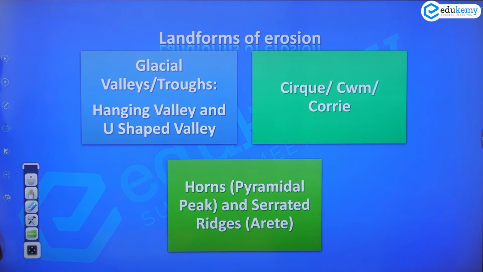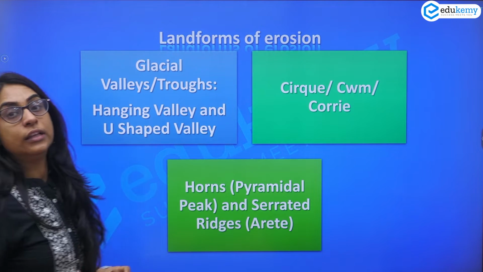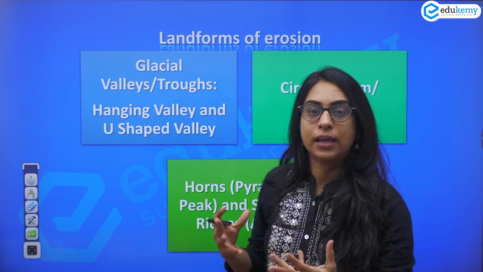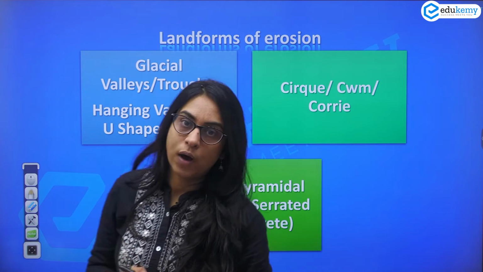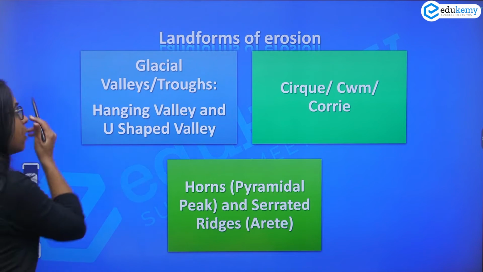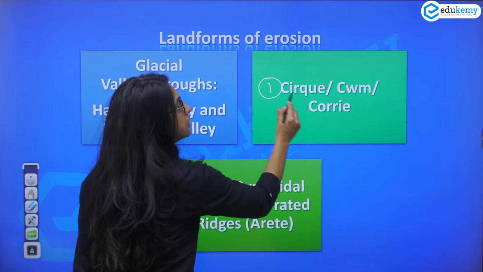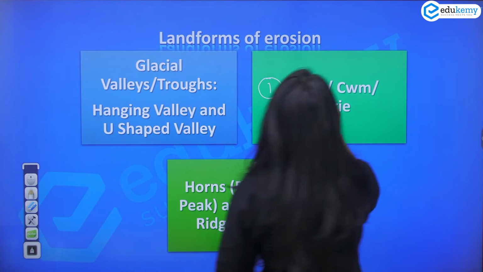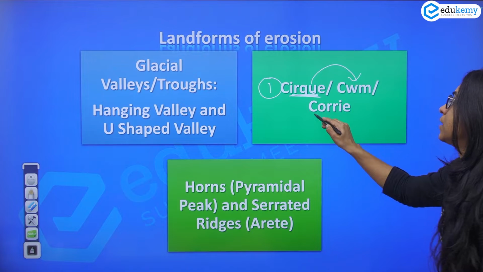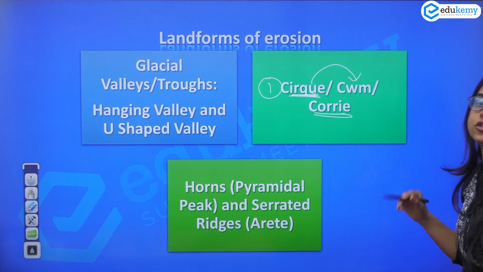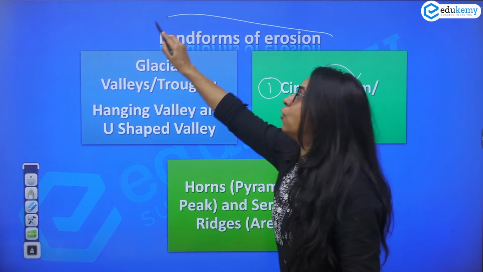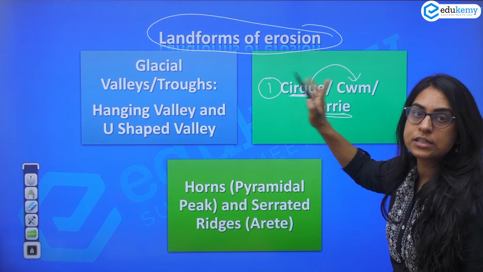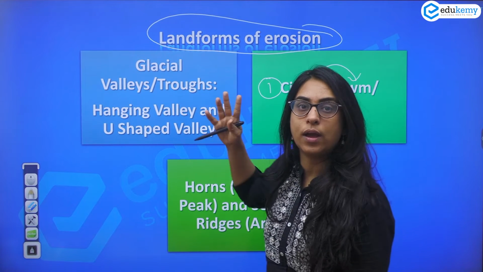The first erosional landform, the most common, is the cirque. The cirque is also known as cwm, and also known as corrie. So this is an erosional landform.